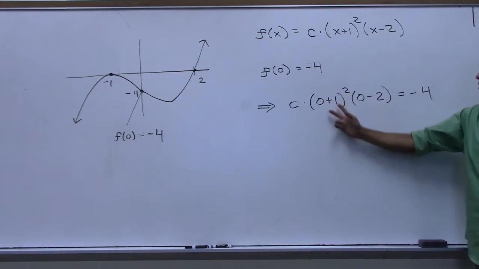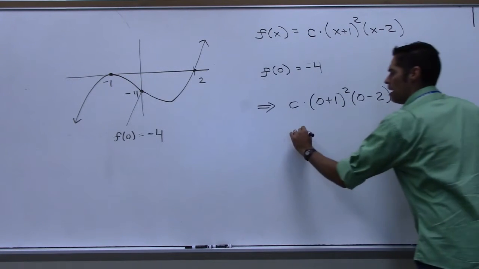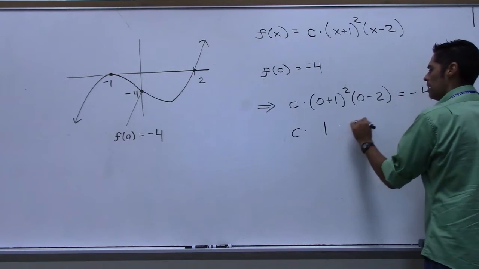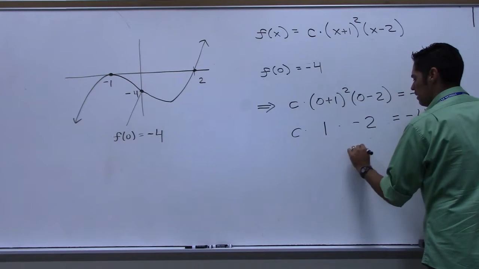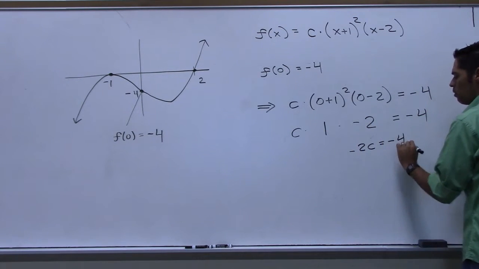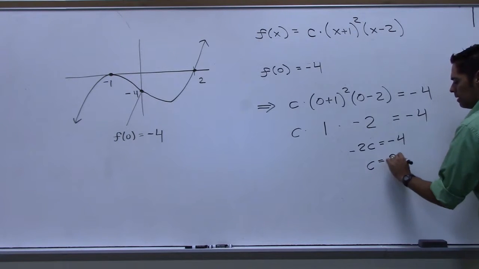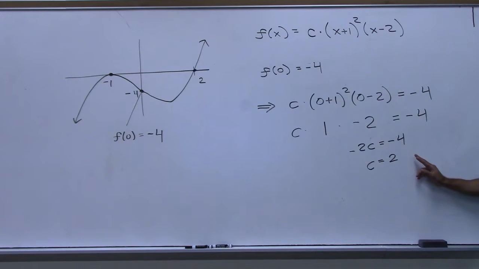We already figured out what this was: c times 1 times negative 2 equals negative 4. Multiplying 1 times negative 2 times c is negative 2c equals negative 4, which means c must be 2, dividing both sides by negative 2.